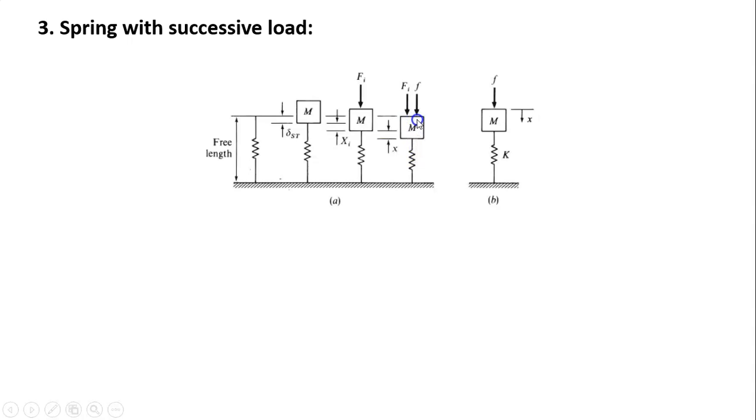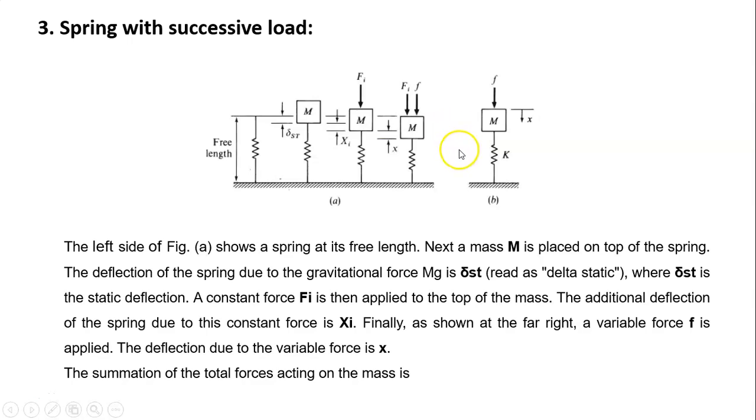The weight of the mass, that is mg, in the downward direction, this force Fi, and this small force f. Now, diagram A has been replaced by diagram B here, in which small force f is acting on the mass M. Therefore, mass M is going to move in the downward direction x, and spring k is also getting compressed.